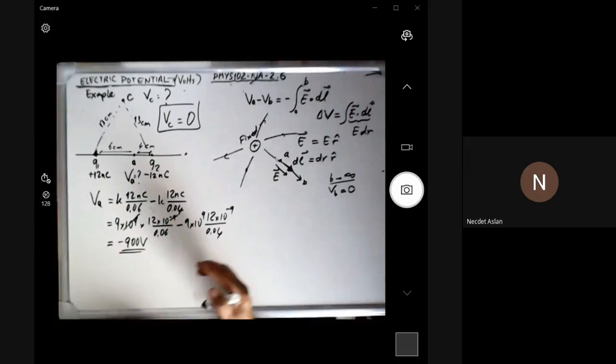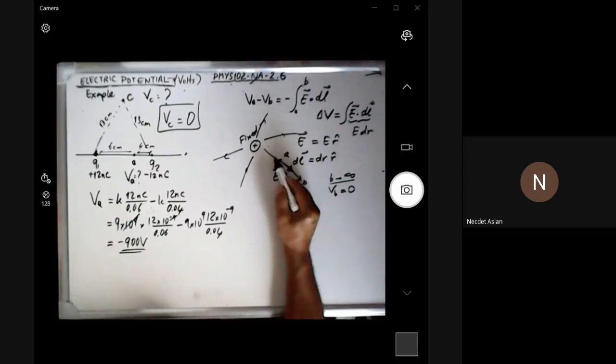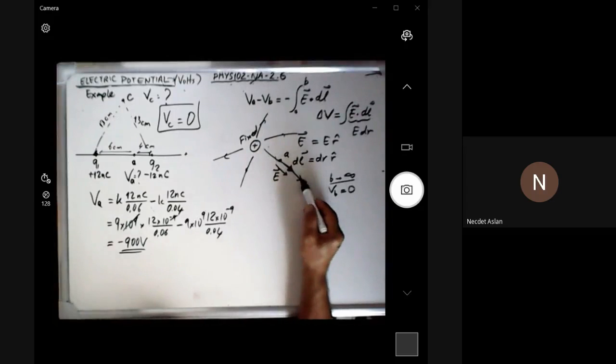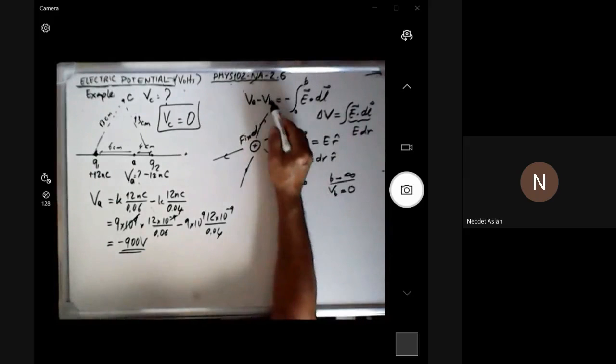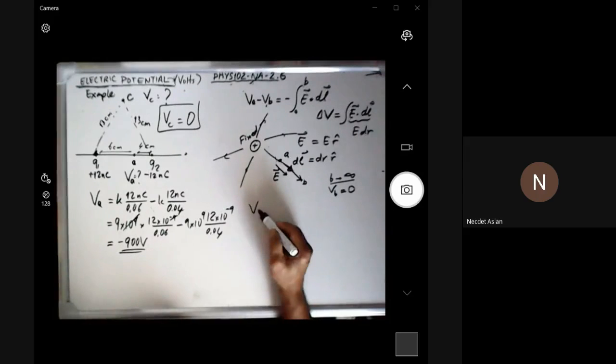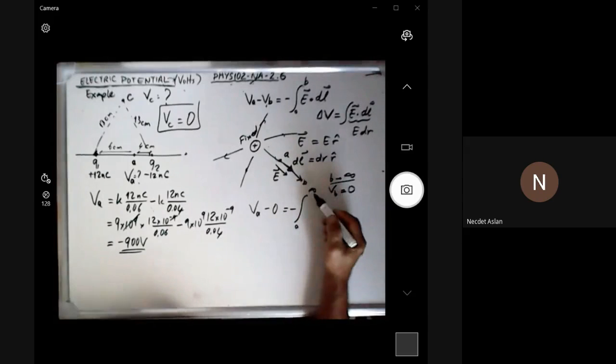Don't forget, there is only one charge here, no test charge, nothing. We're just considering these two points, A and B, with B being very far away, so that the potential is zero. So the second term is zero, so VA minus 0 will be equal to the integral with a minus sign, from A to B.